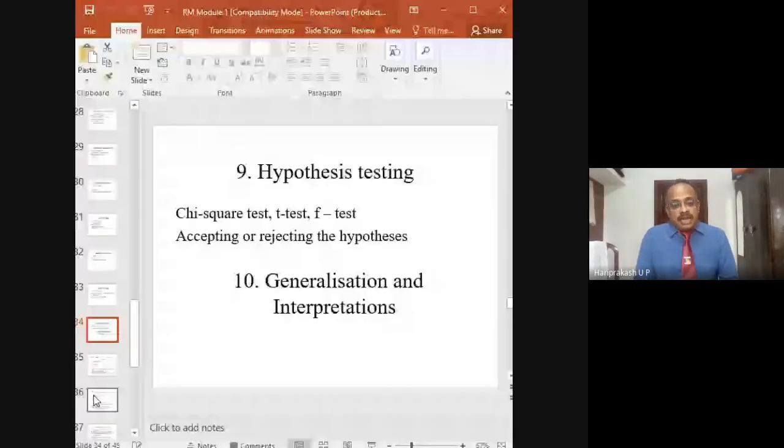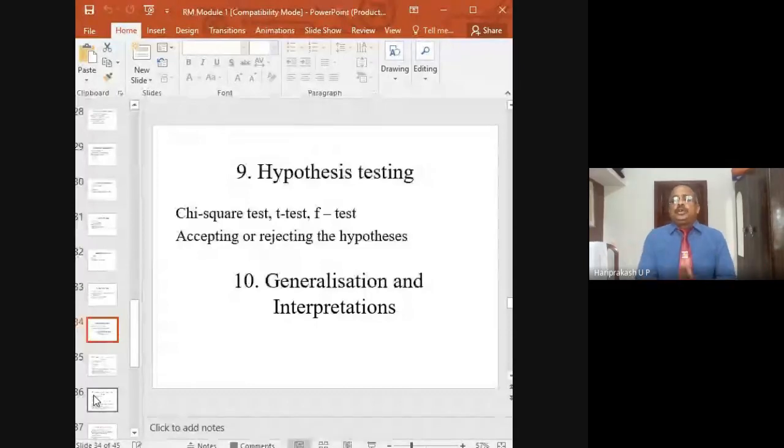Samsung users are highly satisfied with Samsung mobile phones. That is generalizing. What is applicable to this sample is applicable to the whole population also. That is generalization. And interpretation: what do you understand by these findings? Meaning for the findings. Then the final step is preparation of the report.